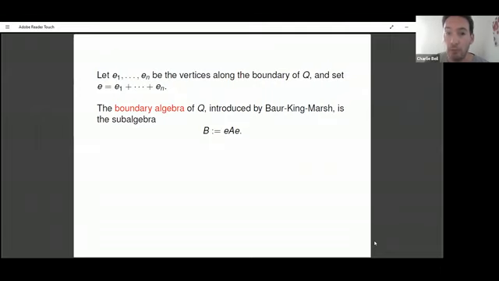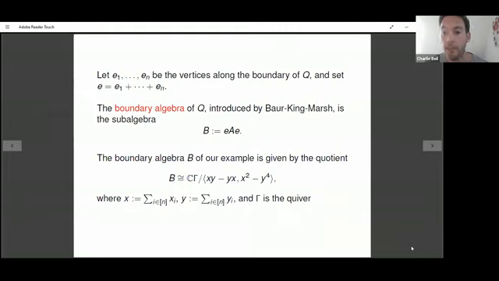Then the boundary algebra of Q, which was introduced by Karin Baur, Alastair King, and Bethany Marsh, is the subalgebra B equals E times A times E. So it has a basis consisting of paths from one boundary vertex to some other boundary vertex. And the boundary algebra B of the example that wasn't shown on the slide is given by this quotient here.